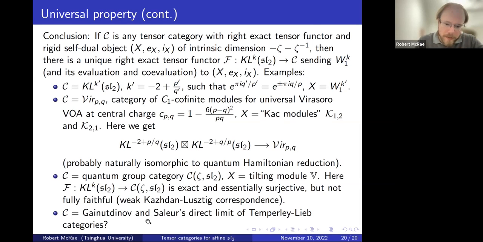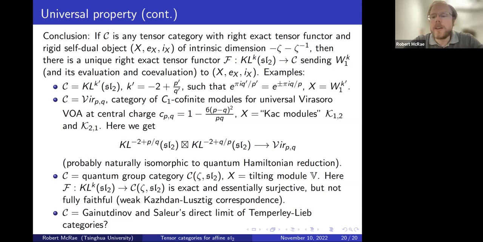And maybe just let me mention one more example, which I didn't know about until Azat mentioned it to me after I gave the Montreal conference talk a couple of weeks ago. He mentioned that he and Salur had constructed this braided tensor category as some kind of direct limit of Temperley-Lieb categories.